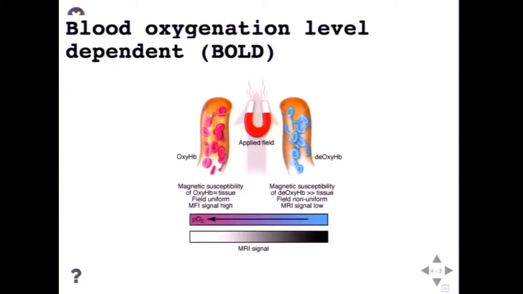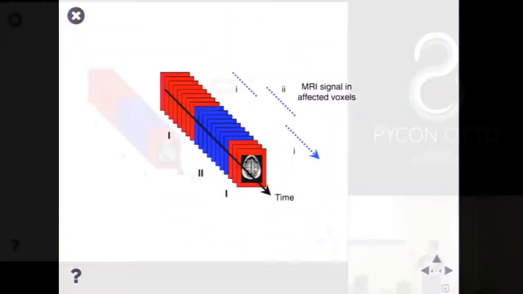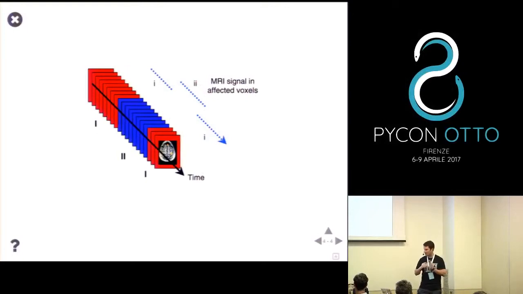So I'm going to talk about fMRI, which is basically measuring oxygen consumption and blood flow of the brain. It's a signal known as BOLD. Functional MRI takes many volumes of the brain in time, and it acquires slice by slice, and then it goes back.